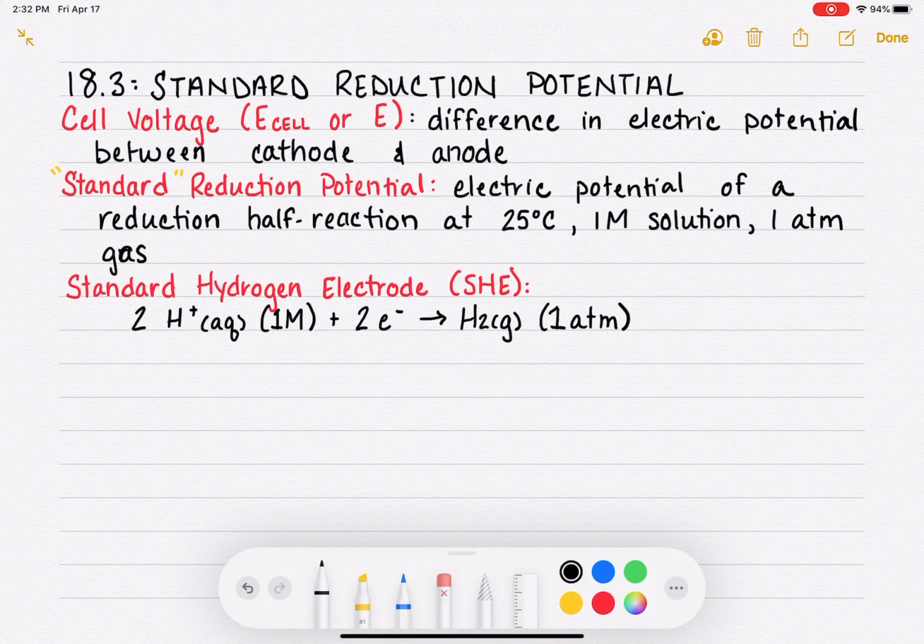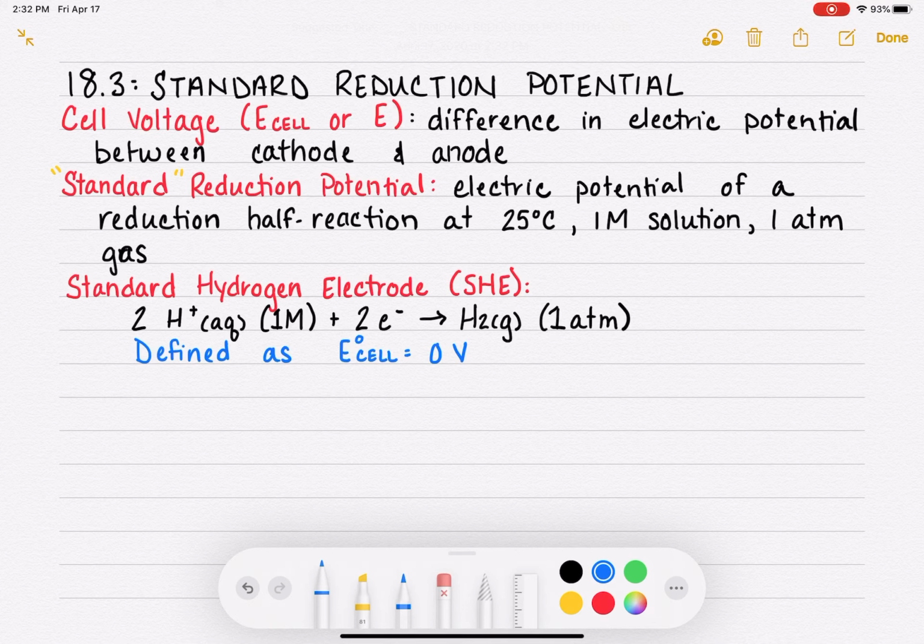And we say that for this particular half reaction, we define the voltage, the potential, as 0. So we're defining this as the cell voltage, E cell, 0 volts. Because this is a standard reaction, we can go ahead and put that superscript degrees symbol.